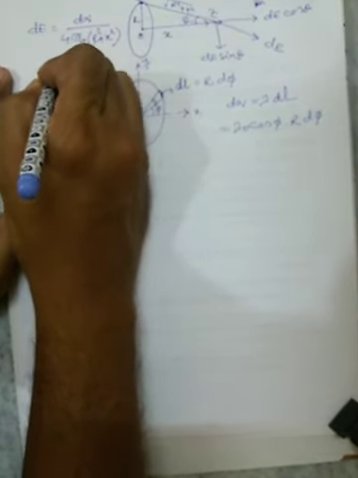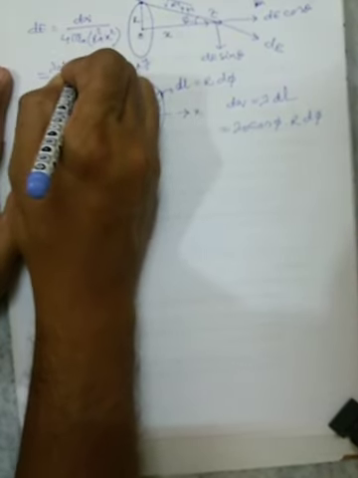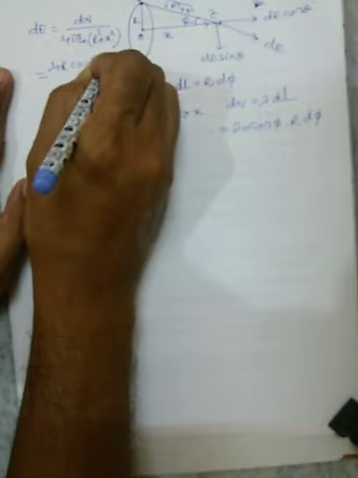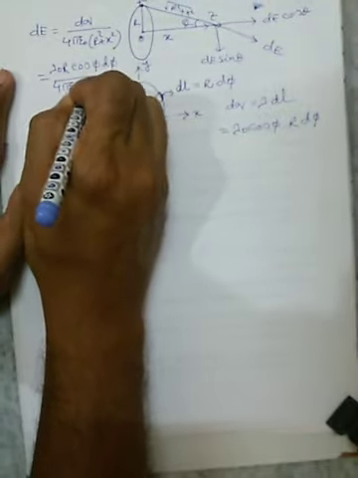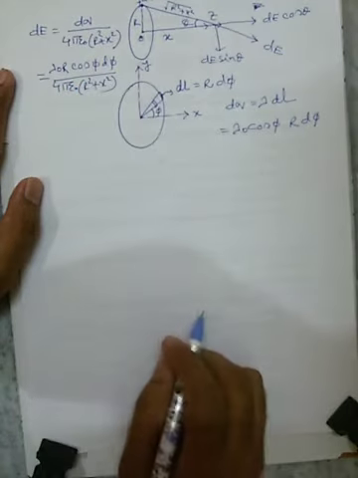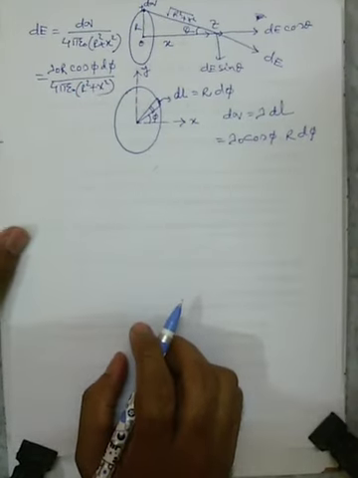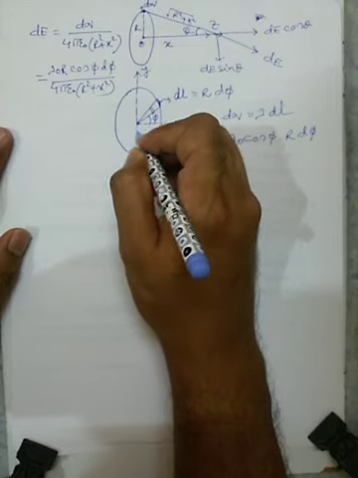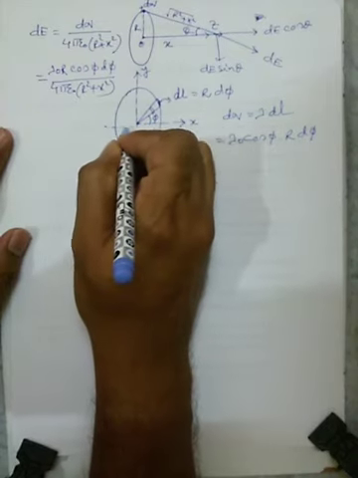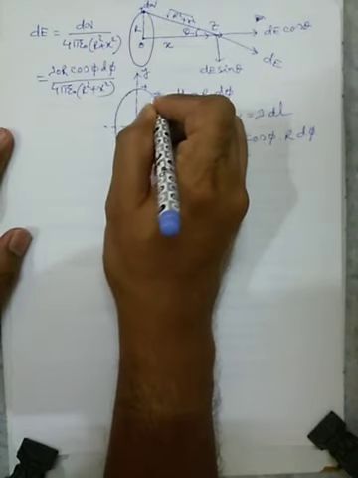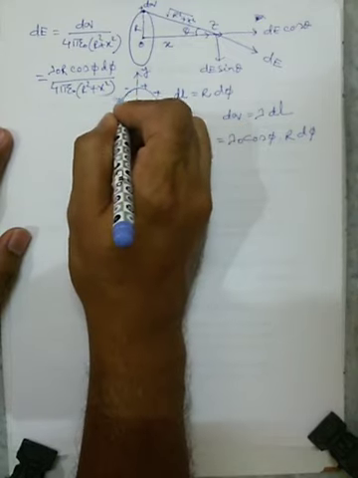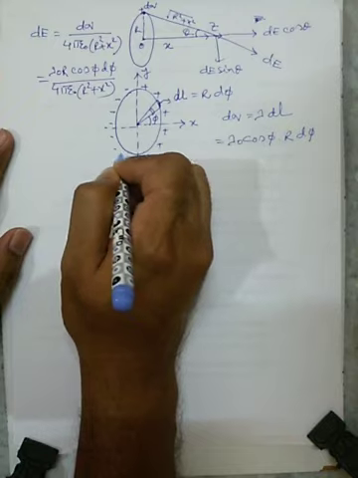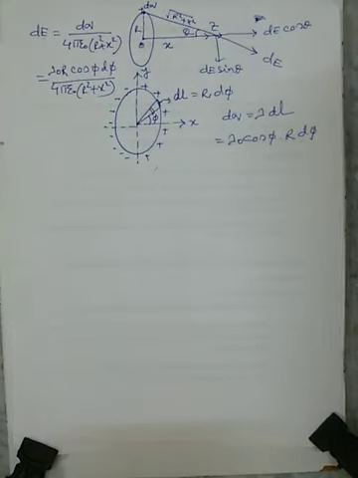We can write it here, lambda naught r cos phi d phi by 4 pi epsilon naught (r square plus x square). Now from the front view of the ring, we know that half of the ring is positively charged and the other half of the ring is negatively charged. You have to find out the electric field at a point on the z-axis.